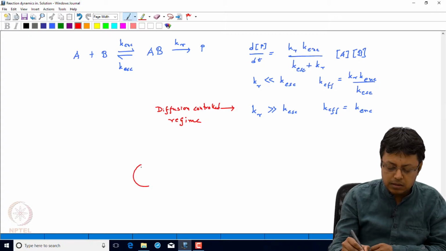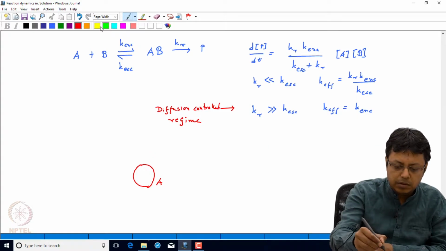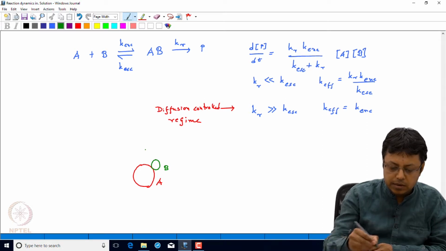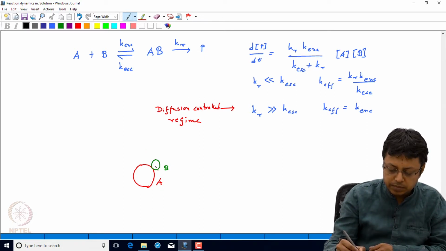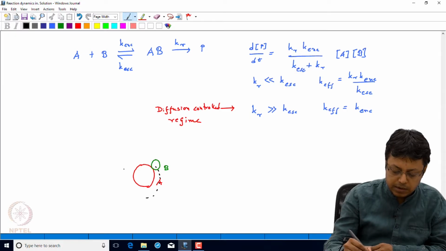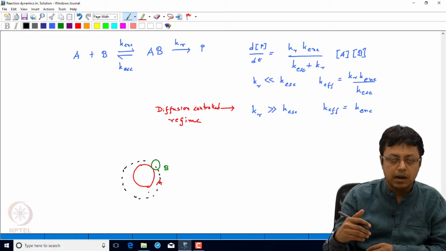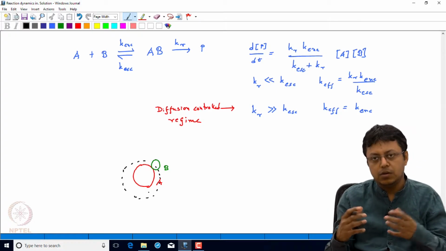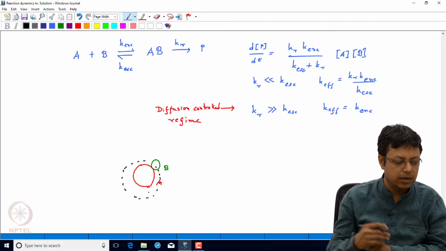I have say a molecule of A, and then suppose I am writing the B molecule in a different color. Suppose this is the B molecule. So there is a radius, a sphere within which the A and B, the B should be there, otherwise the reaction will not occur. So we are again considering this as a hard sphere model, just like we did.